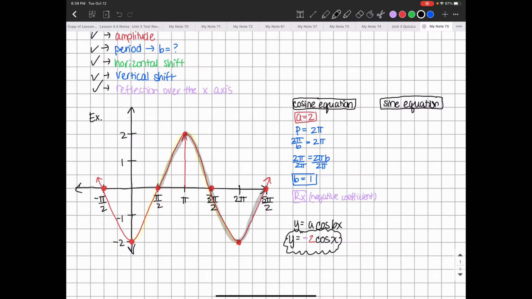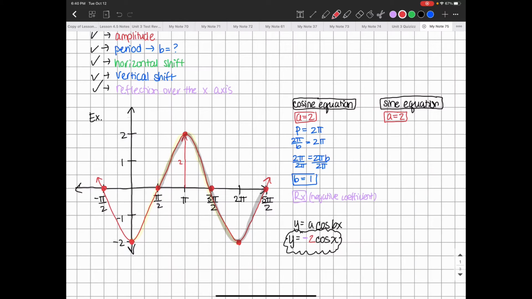First thing I know is that the amplitude is still 2. So the amplitude from the middle to the top is still 2. And that hasn't changed, and it will never change. It will always be the same for sine and cosine, the amplitude, since it's the middle to the top or the middle to the bottom.